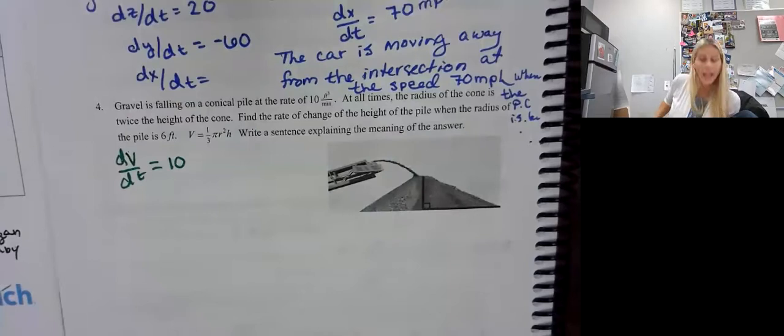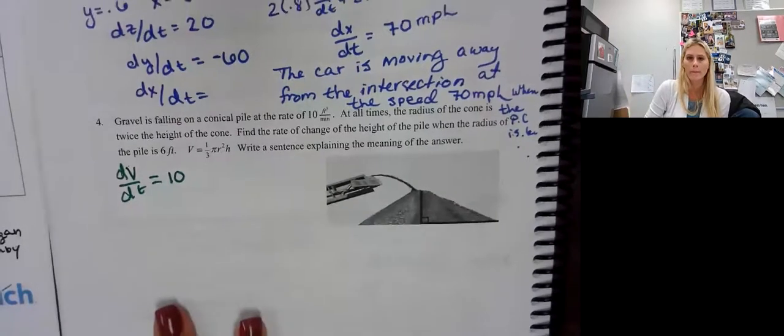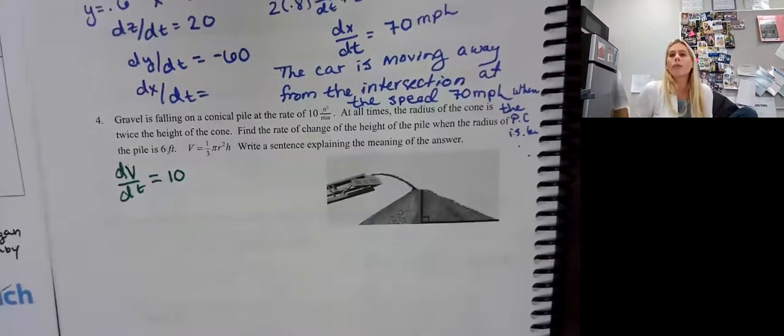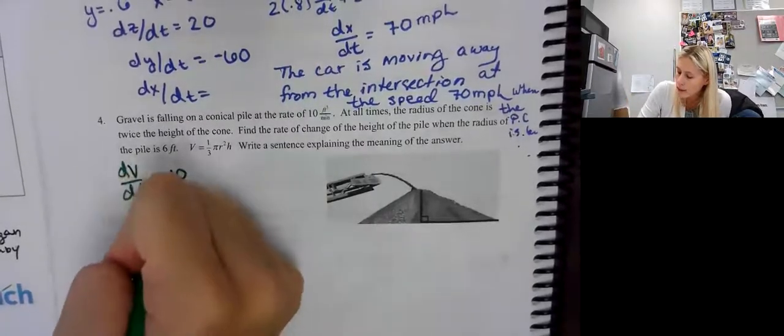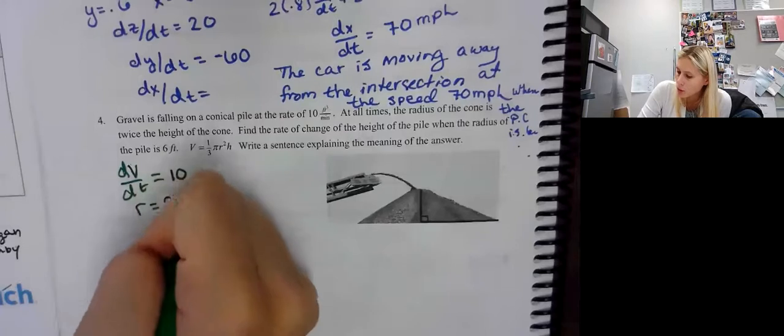And it is falling, so it's getting more and more in, so it's positive, right? Even though it's falling and you think that should be negative, it's not draining. We're actually making the pile bigger and bigger, okay? At all times, the radius is twice the height of the cone. So at all times, the radius is 2h.